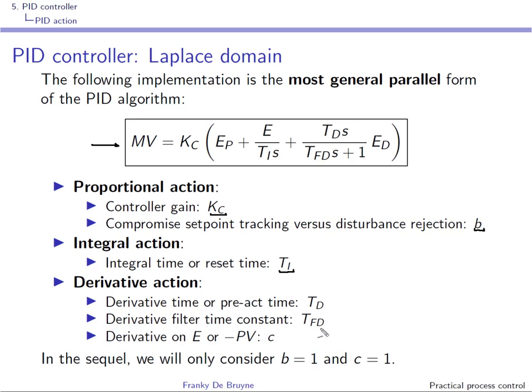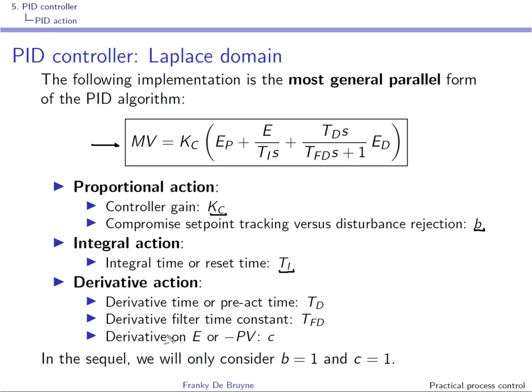And this time constant is the time constant of the filter that is used to filter the derivative action. And you can see it also as a way of maintaining derivative action for a certain while. The ratio TD over TFD will influence the derivative kick, right?